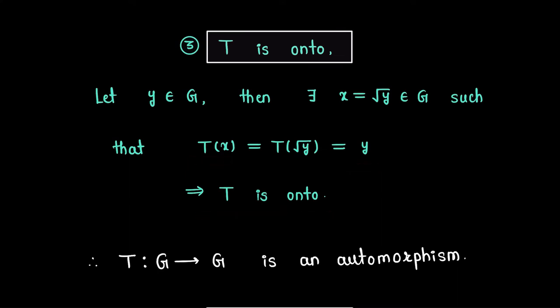Therefore, as T is a homomorphism which is 1-1 and onto, we can conclude that map T from group G to group G is an automorphism.